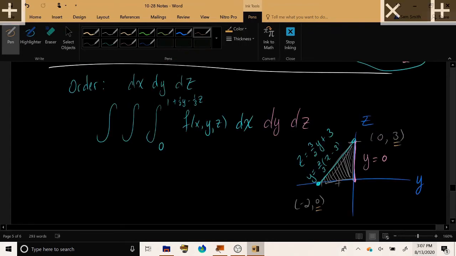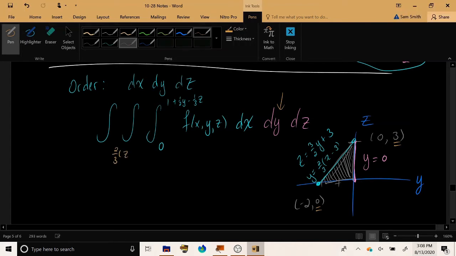So our middle limits of integration for y go from 2/3 z minus 3 all the way up to y equals 0, and z goes from 0 at the lowest all the way up to z equals 3.